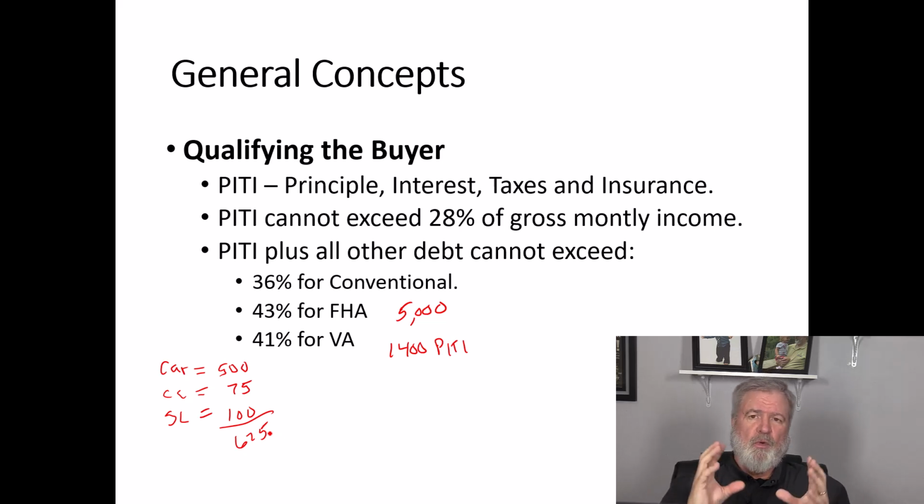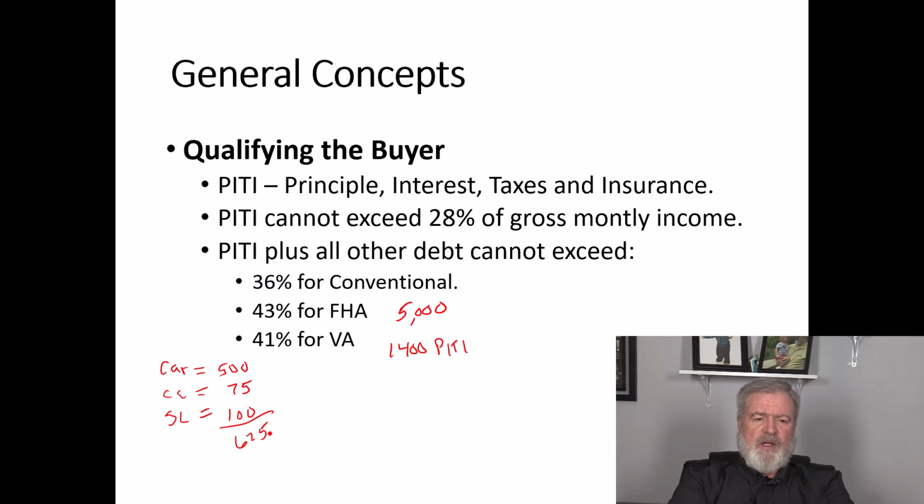But here's what I really want you to understand. By the way, these percentages, this 36% conventional, 43% for FHA, I don't know that that's a big deal for test purposes. That's just information I'm providing to you. But that's pretty much what these different loans are looking at.